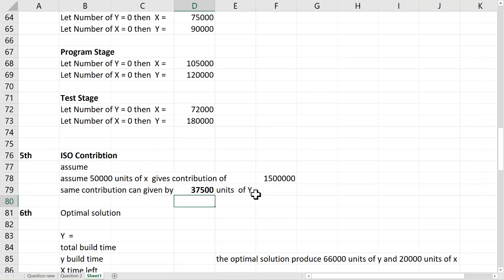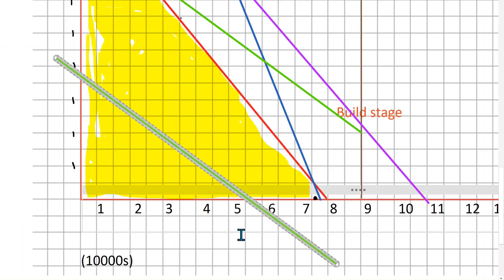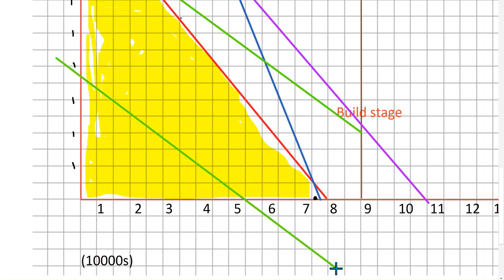So the contribution given by 50,000 units of X is given by 37,500 units of Y. So we draw a line that goes from 50,000 units of X to 37,500 units of Y. We have 10,000, 20, 30, and then 35, and then 37,500 would be in the middle here.